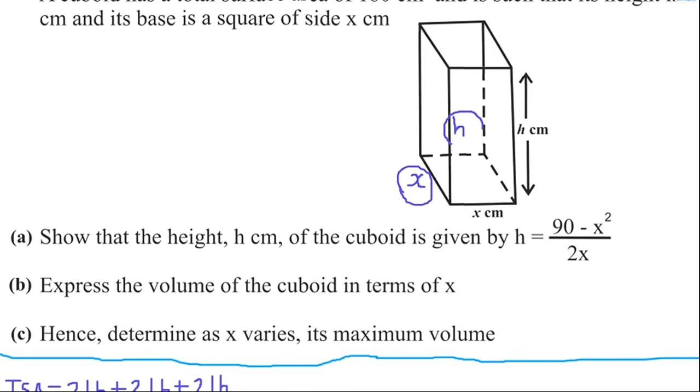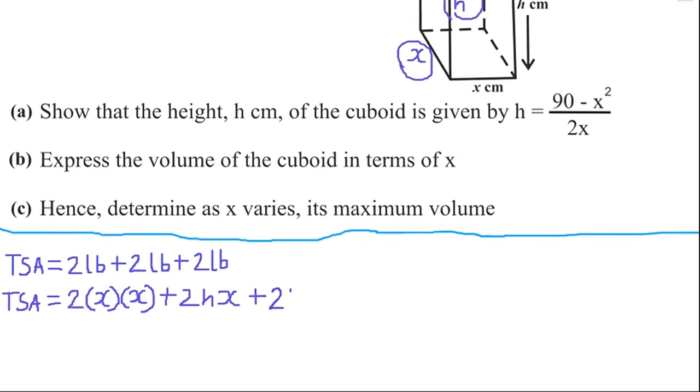The height is equal on those sides. We have 8 centimeters there, and then we also have 8 centimeters there. It is because that is a cuboid, the height will remain the same. And then the x, we already talked about it. So we're going to remain with 2hx. We're going to write 2hx.